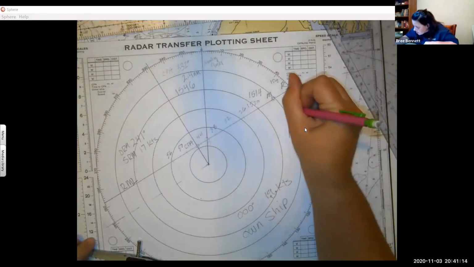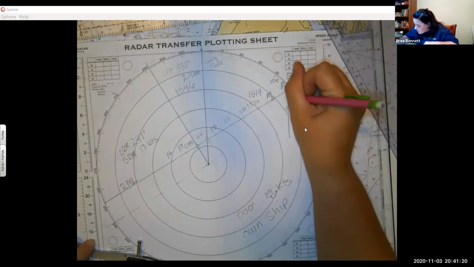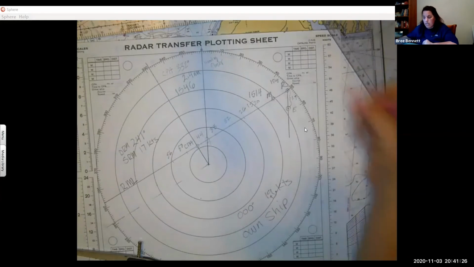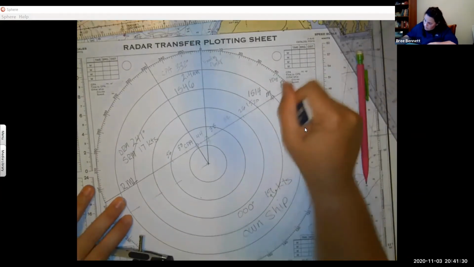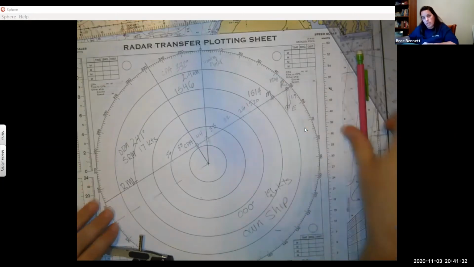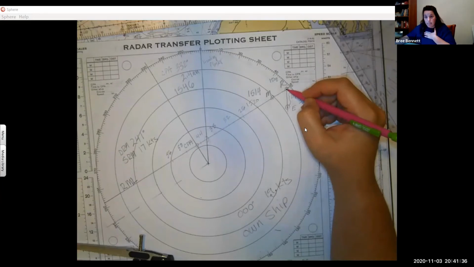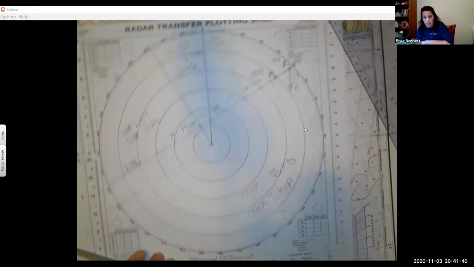So here is my E. This distance was 1.9. So now I have my triangle. So I have E to R is me, my own ship. And we can see that down here at the bottom.